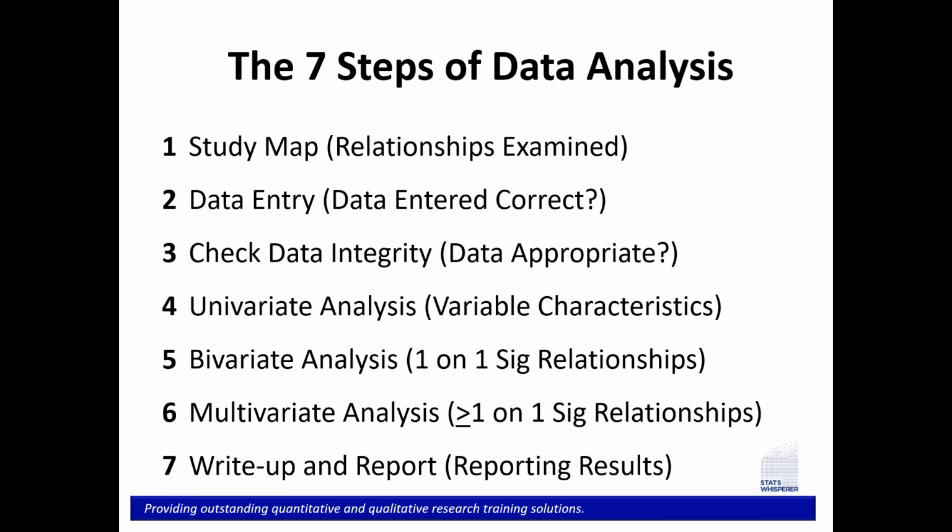Then 6, multivariate analysis, where we take all the significant relationships from step 5 and regress them upon the dependent variable. That's why it's more than one variable on one, so multiple predictors on one dependent variable. And that'll show us the strongest relationship. And then 7, the write-up and report, the reporting of results, which is a whole other big process after the first steps, 1 through 6.